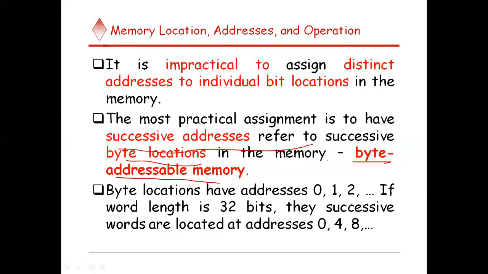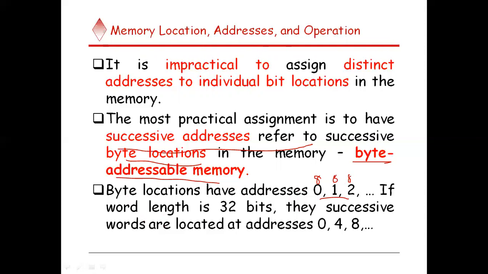Some systems use word addressability. That means for a given word, an address is assigned. Okay. So byte locations are addressed like 0, 1, 2. The first 8 bits will be the 0th byte, the next 8 bits will be the first byte, then the next 8 bits will be the second byte, like that.